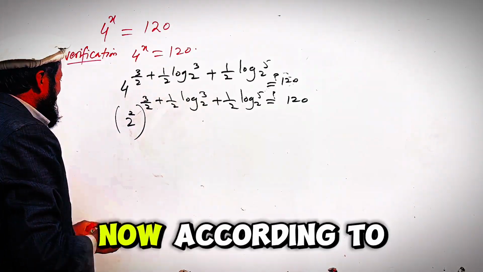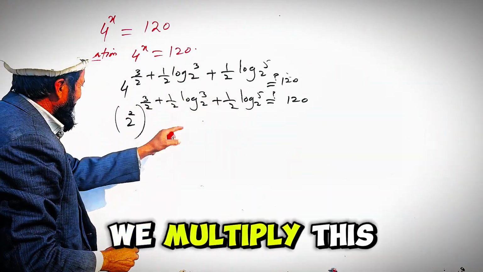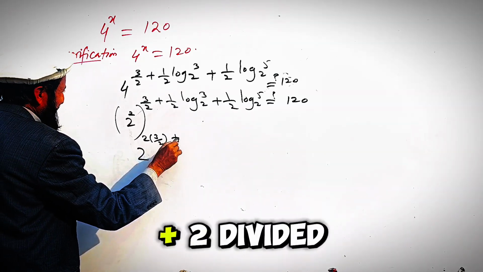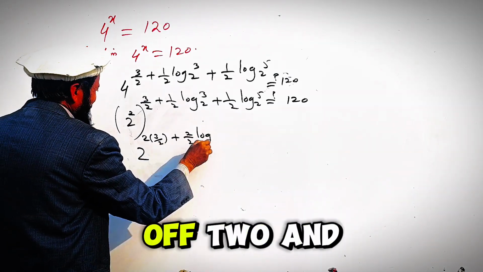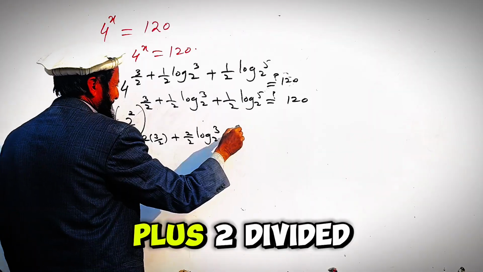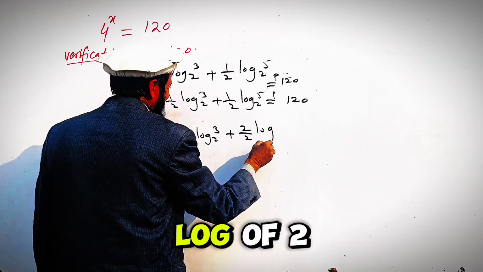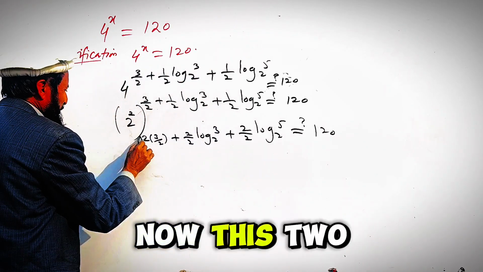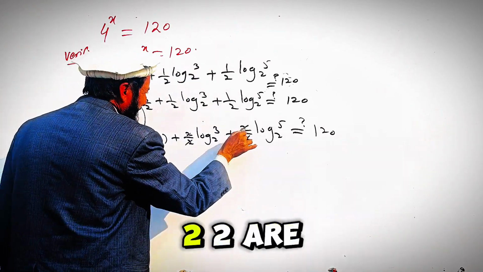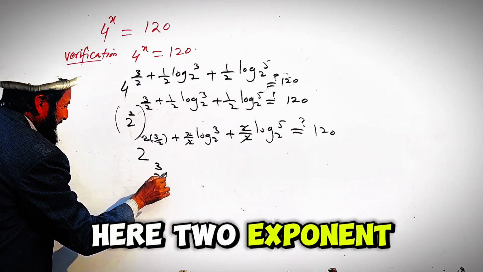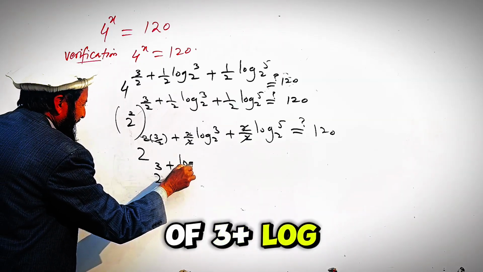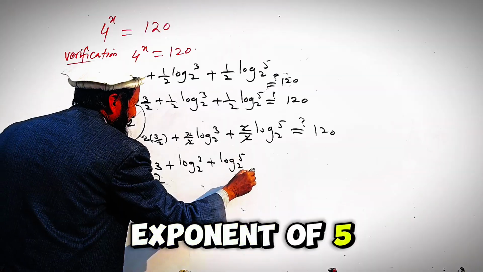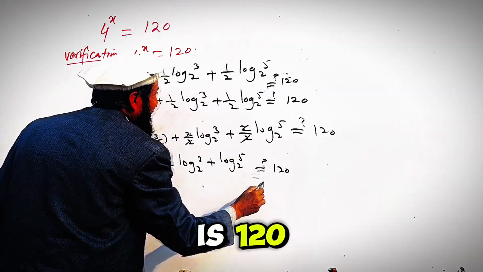Now according to the double exponent rule, we multiply this term by 2 into 3 by 2 plus 2 divided by 2 log of 2 exponent of 3 plus 2 divided by 2 log of 2 exponent of 5, is it 120? Now these 2s are cancelled. We get 2 exponent of 3 plus log of 2 exponent of 3 plus log of 2 exponent of 5, is it 120?